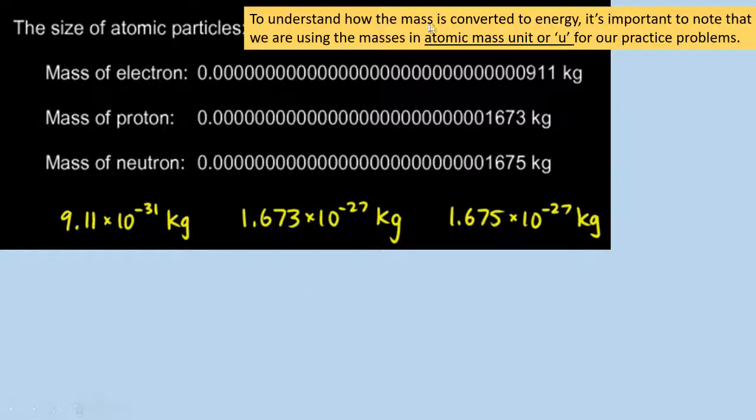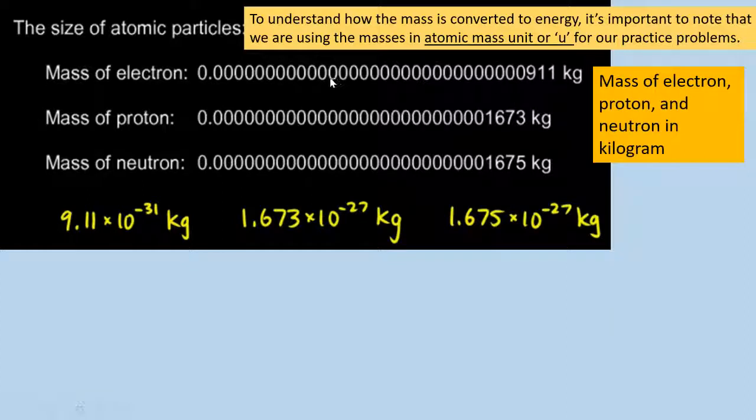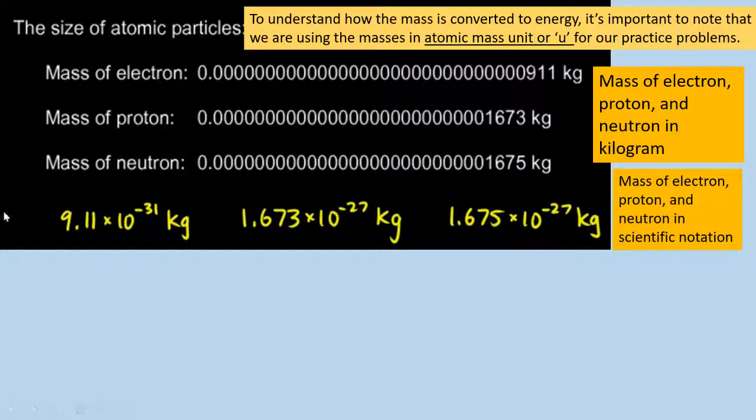To understand how the mass is converted to energy, it is important to note that we are using the masses in atomic mass unit, or U, for our practice problems. Here we have the mass of electron, proton, and neutron in kilograms. And here it is showing the same mass, but in scientific notation.